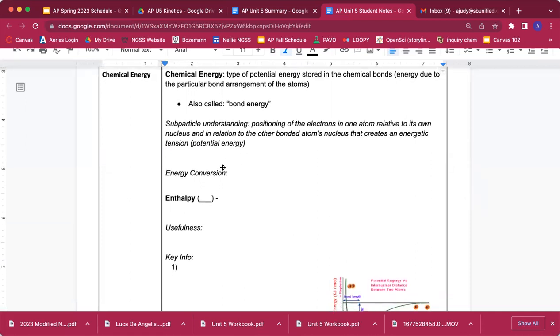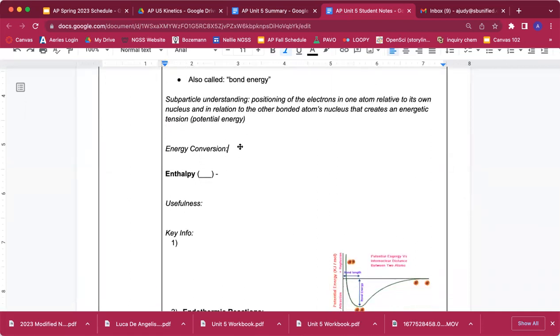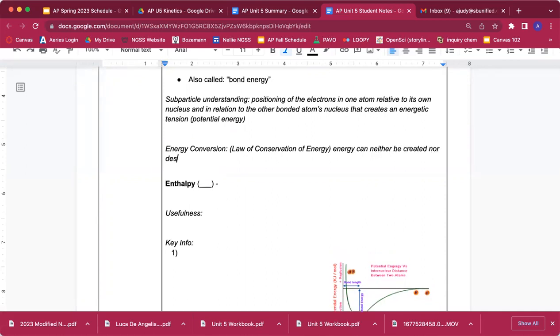Energy conversion wise, we should remember the law of conservation of energy. That tells us that energy can neither be created nor destroyed, but can be transformed.